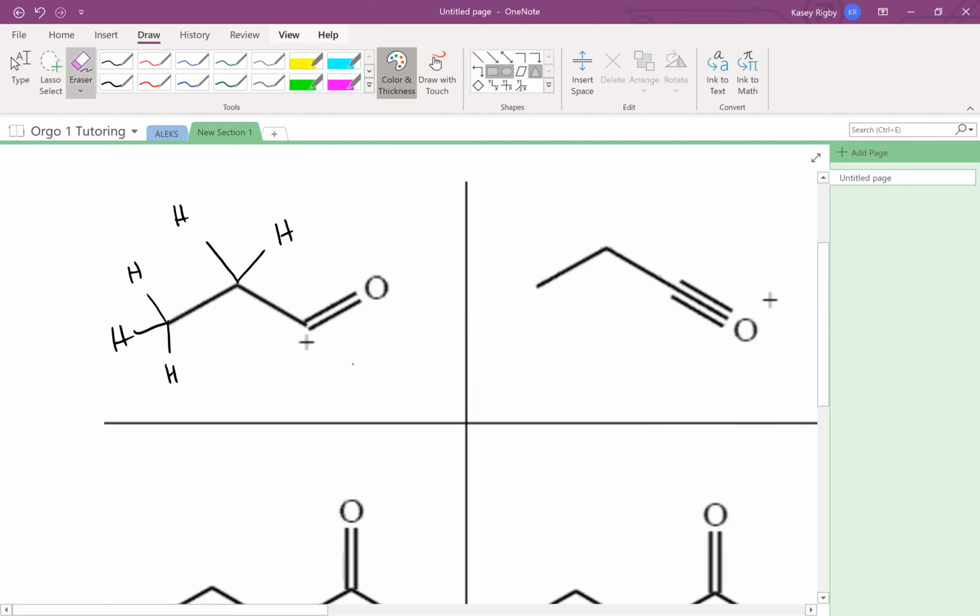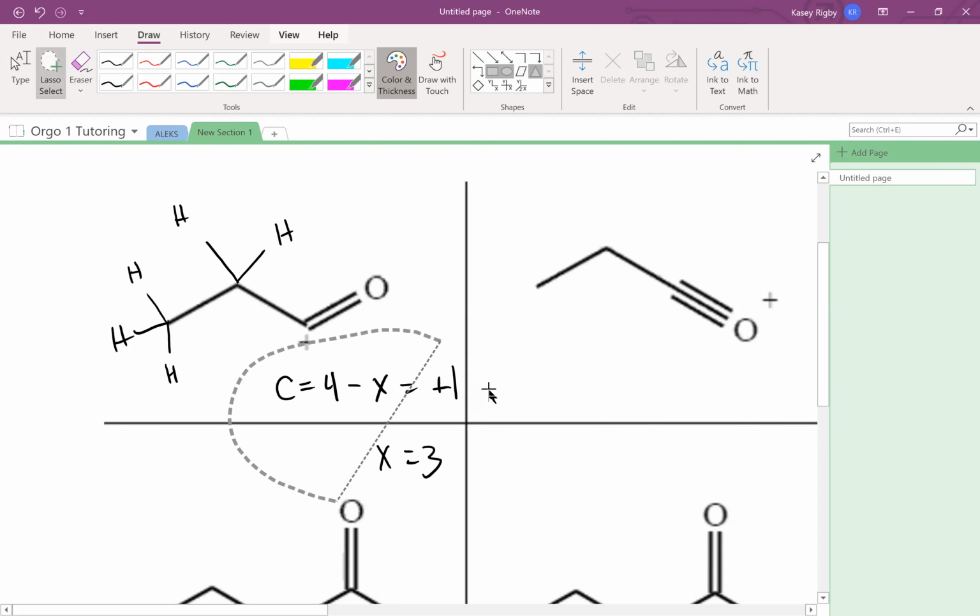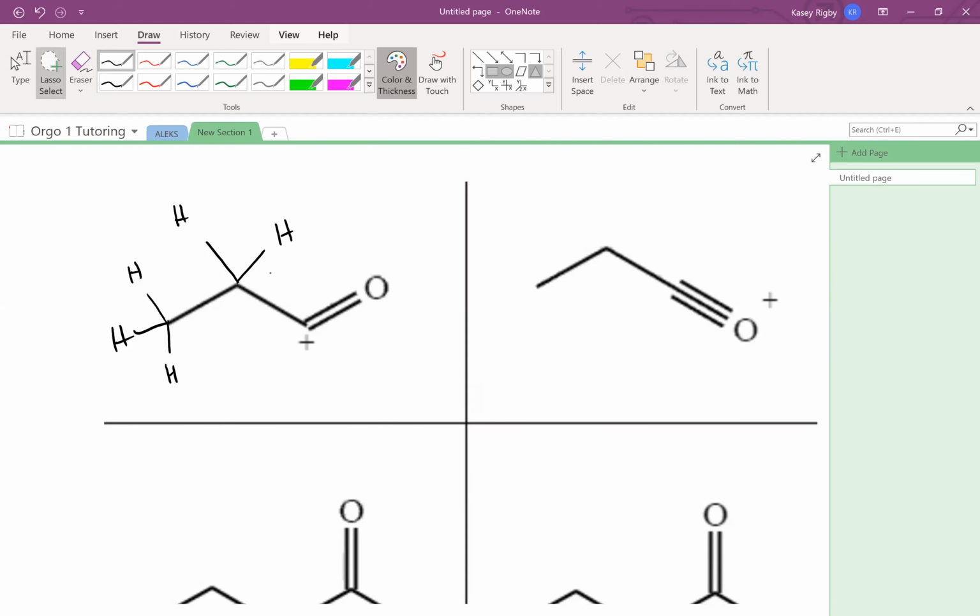That means if we do our formal charge, C equals 4 minus X, our variable, equals plus 1, that means that X has to equal 3. So the carbon can only have 3 bonds, which is what we see right here. 1, 2, 3. Okay?